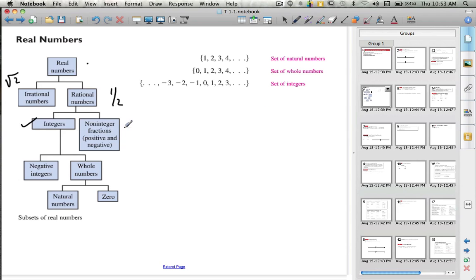Then we have non-integer fractions like 1/2, which could be positive or negative, -1/2. And we have negative integers, whole numbers, natural numbers, and 0. 0 is part of this set of integers, and it's also sort of a special entity unto itself. This is just getting back through things that you should already know.